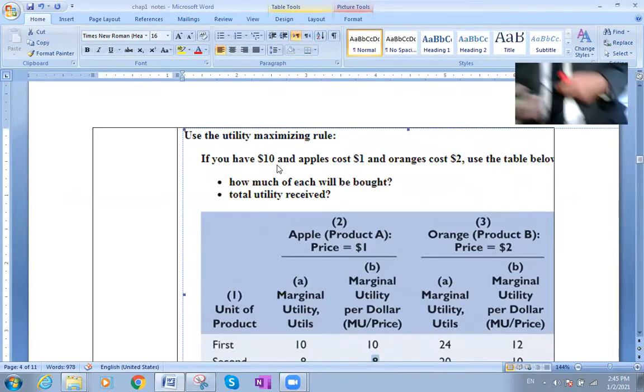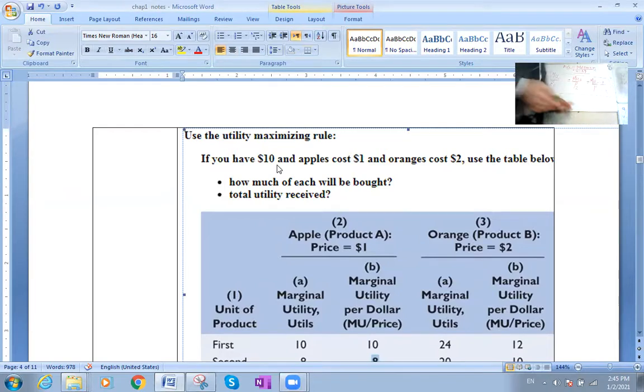Let's take the data and write it down, and then we will work on it. He said if you have $10, all you can spend is $10. Let me get a black pen. It's better than the red one.